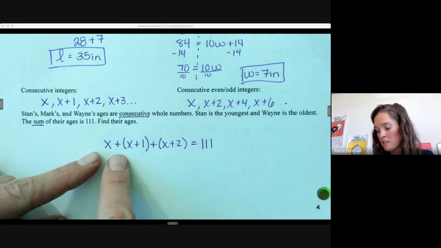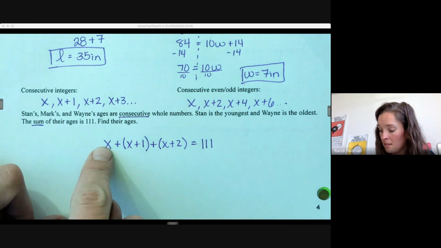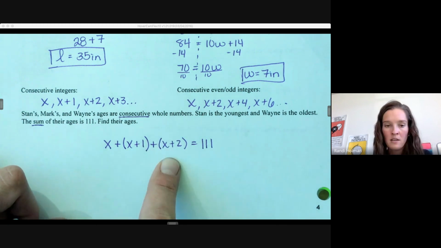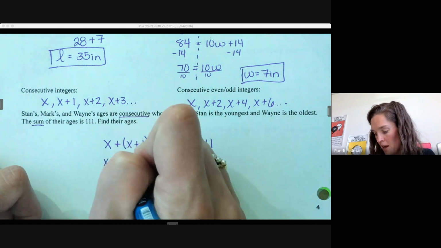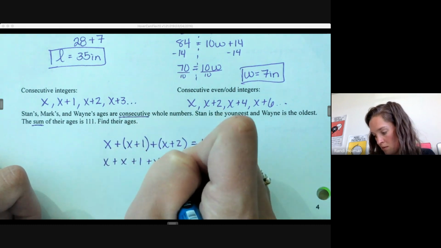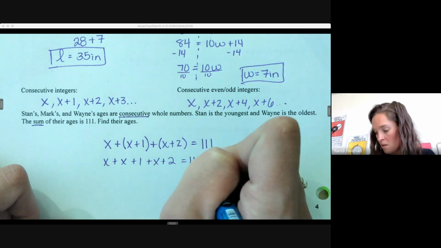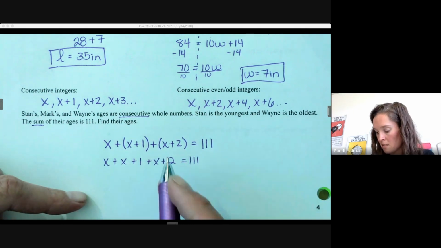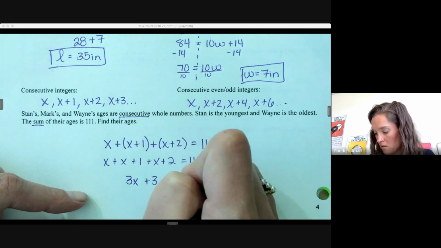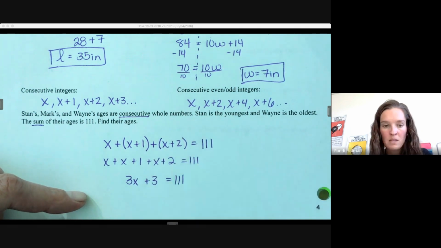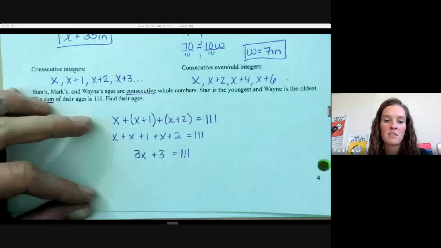Okay, these parentheses are just helping me see that this is Stan, this is Mark, this is Wayne, but there's nothing I can actually do in there, so we can drop our parentheses to simplify. Combine like terms: x, x, x, 3x. 1 plus 2 is 3. Okay, now that we've simplified, now we can move into solving.